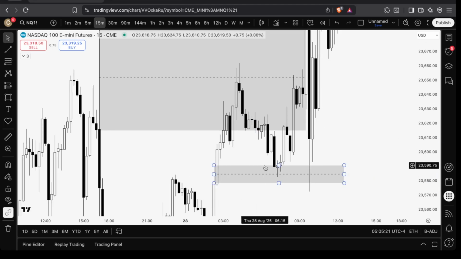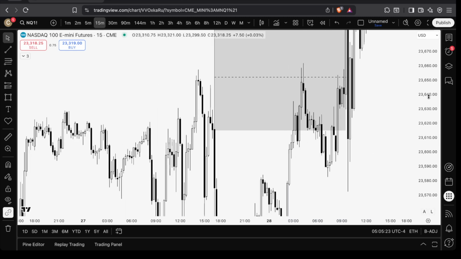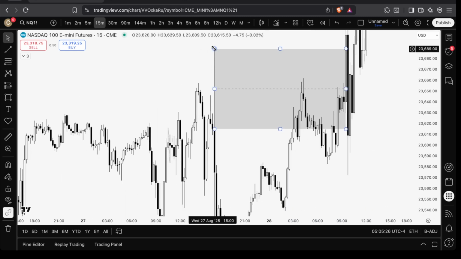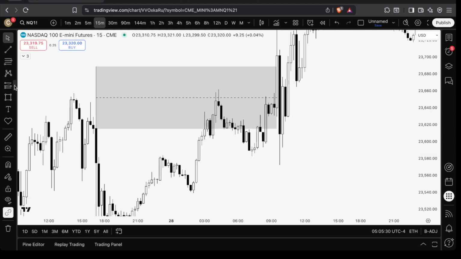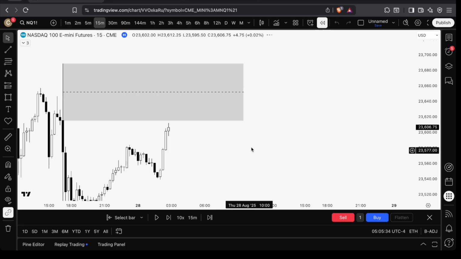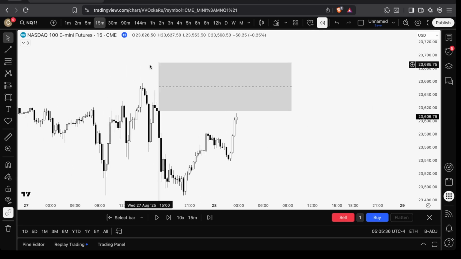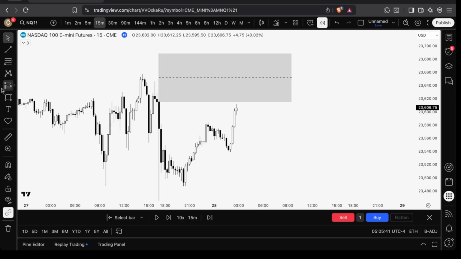So let me move this. On 15 minutes, we had this huge wick, a rejection wick. So basically, if I replay it back like this, we see this and we have some liquidity, and we also have this fair value gap right here.